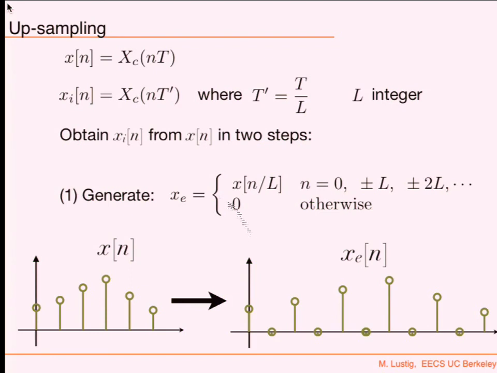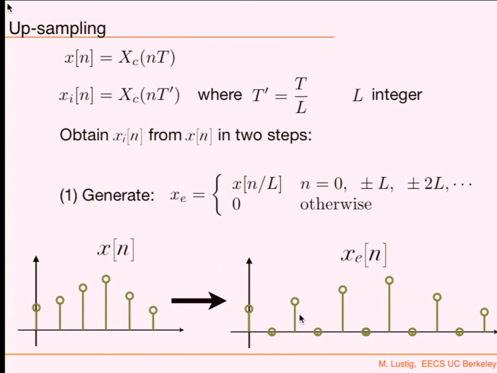So this basically says that only when n is a multiple of L do you have samples, and otherwise it's 0. This expression just tells you to stretch the signal. This is called an expander. It expands the signal and puts zeros in between. Very simple operation.